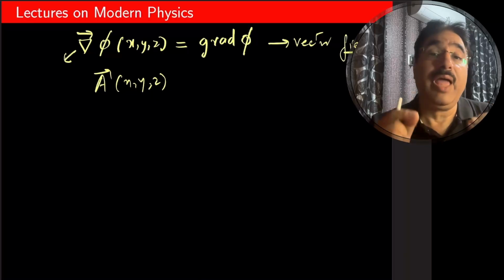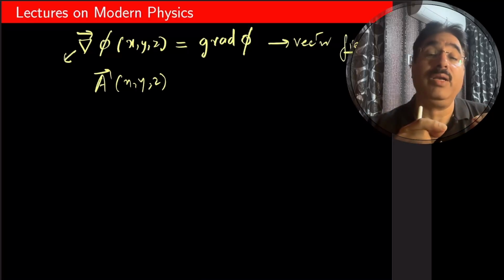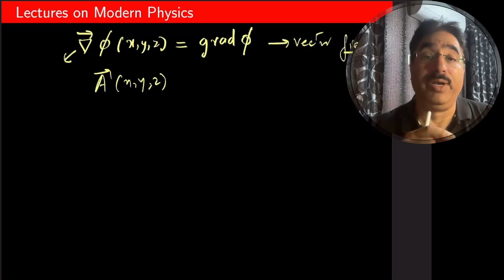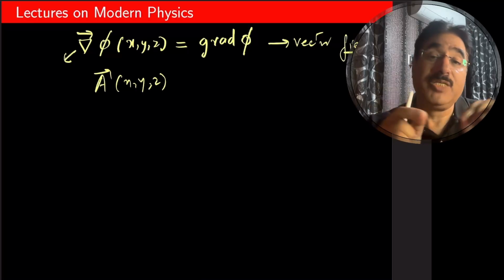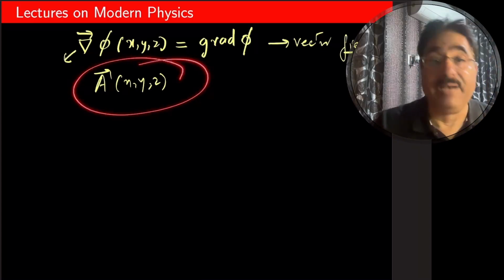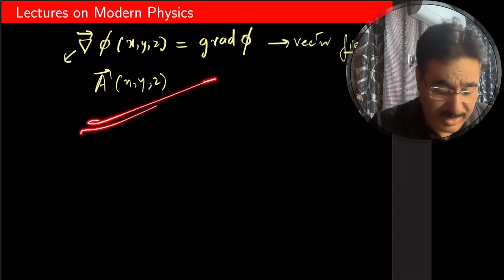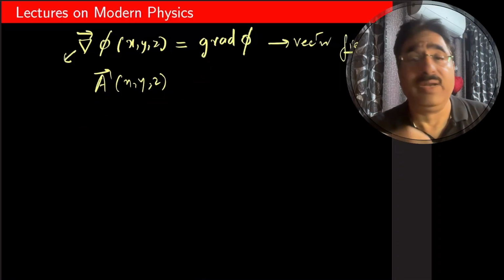So you need a representation, a function which is a vector quantity and depends on the space coordinates, and mathematically I represent that by A. It could be a magnetic field, electric field, velocity field, or anything.